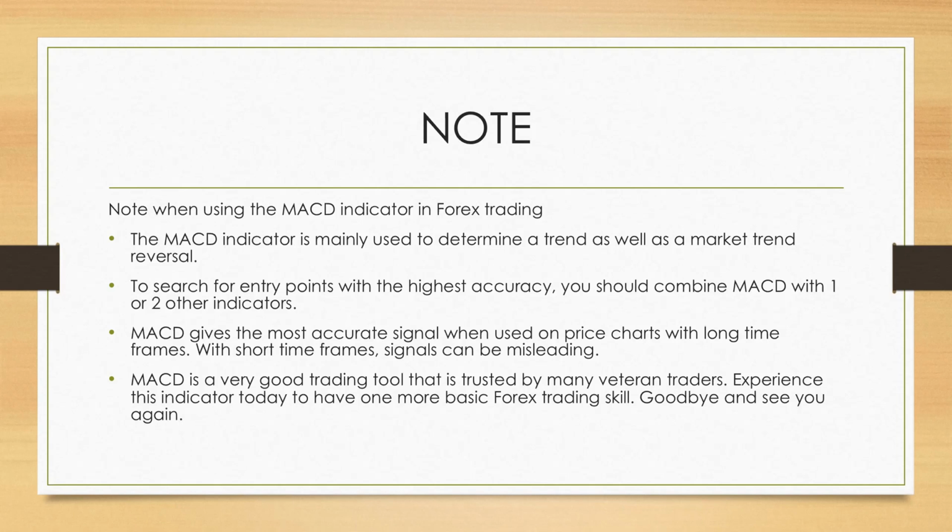Then MACD gives the most accurate signal when used on price charts with long time frames. With short time frames, signals can be misleading. So if you take 5 minutes or 15 minutes, well, 15 is average time, 15 minutes or 1 hour.